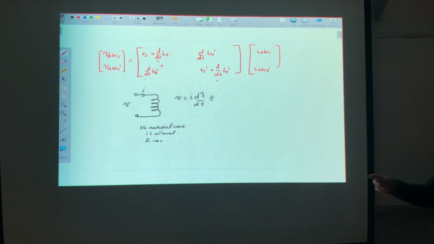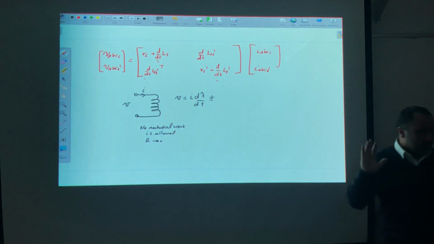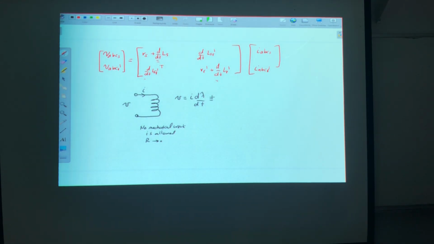So any change in the input must appear as stored in the field energy, correct? Either I'm increasing the field energy or reducing it. So I d lambda by dt, which is the input power, will equal d omega f by dt. So from here I can say that I d lambda will equal d omega f.